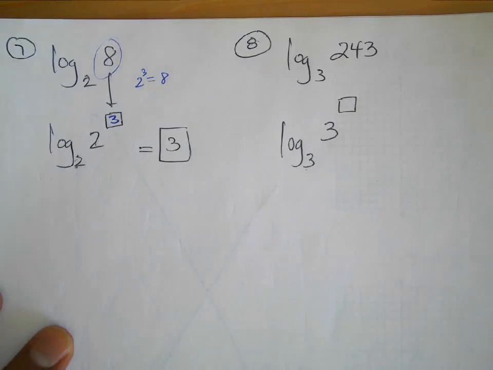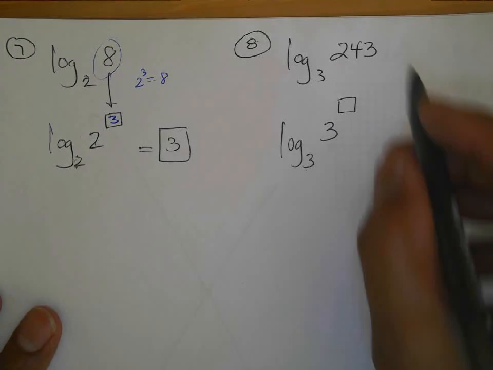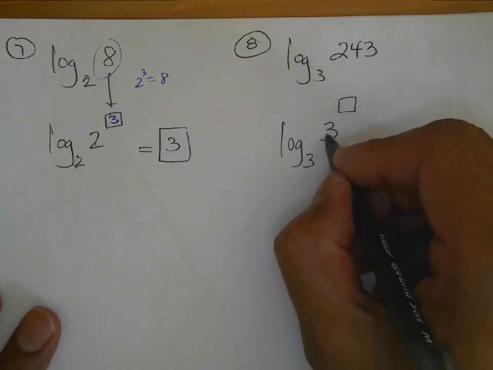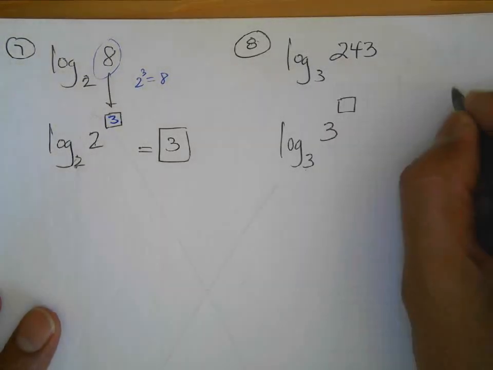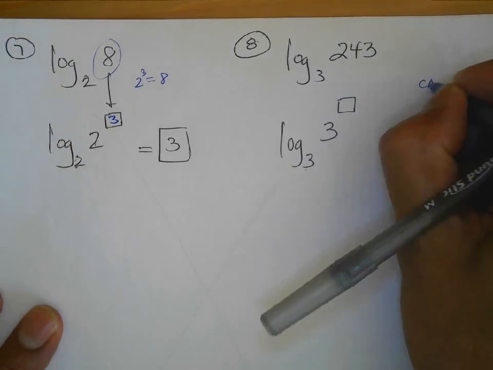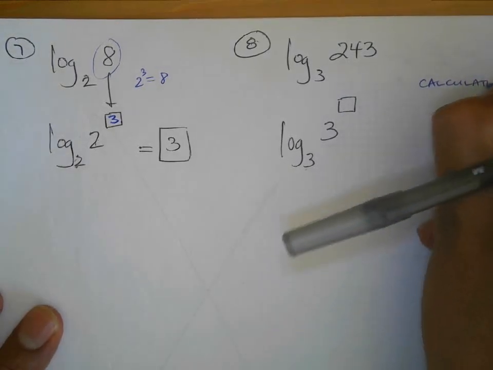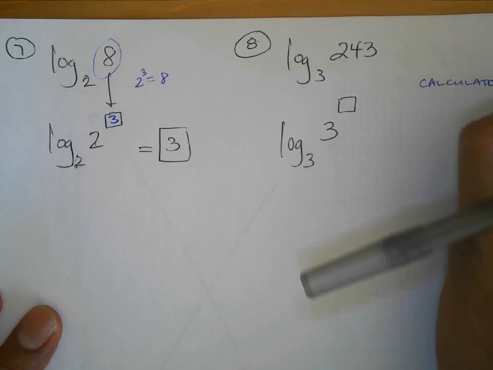To what power? So what you can do, remember, since I know the base is 3, you can actually do this on the calculator. We did this in the last unit, calculator.